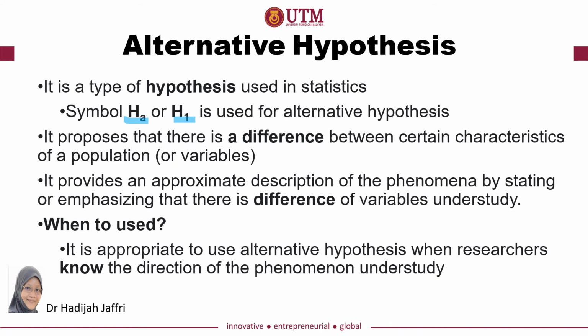It provides a description of a phenomenon by stating that there is a difference in the variables. So when to use it? It is appropriate to use the alternative hypothesis when you know the direction of the phenomenon under study, and to know the direction of the phenomenon under study, you rely on your literature review.